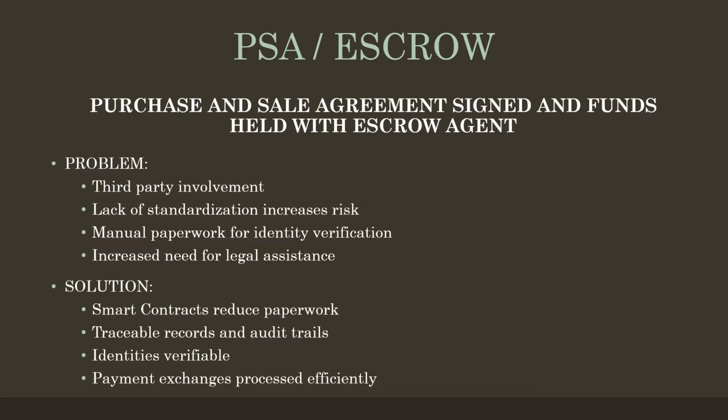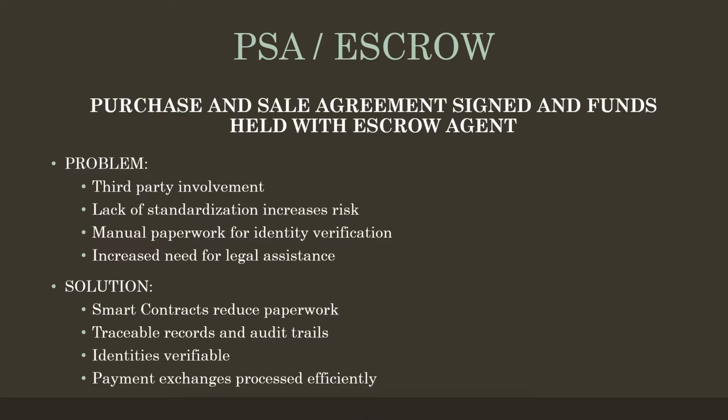The third step in a commercial real estate transaction is signing the purchase and sale agreement and funding deposits with escrow agents. Again, this involves third-party arrangements. Once the buyer and seller agree on their interest in the exchange of the assets, a contract is signed where both parties accept the offer made and details the circumstances that need to be met before the sale is finalized.